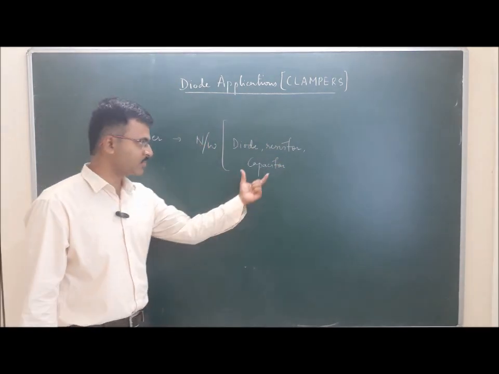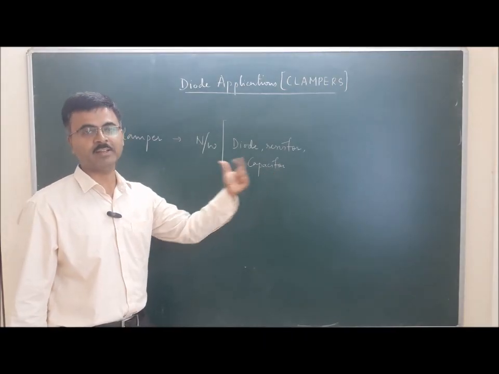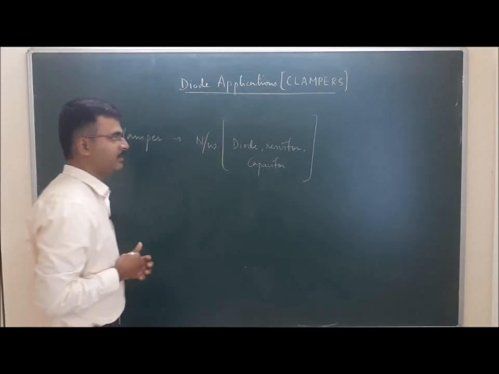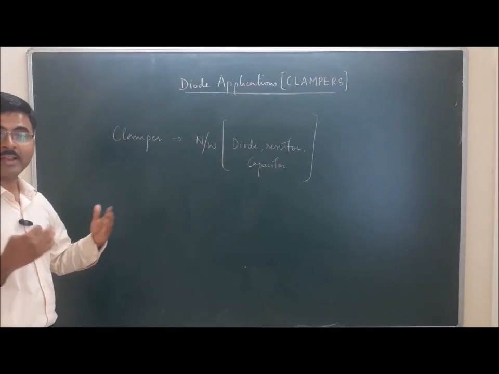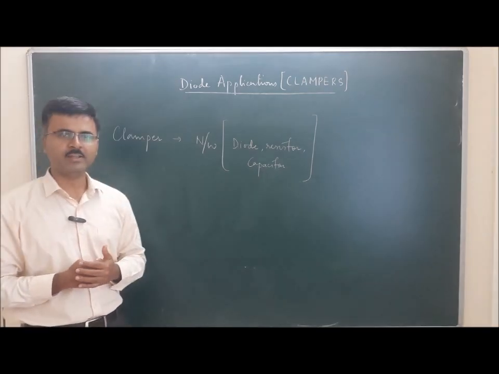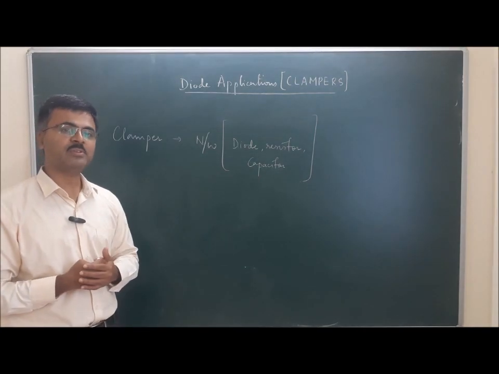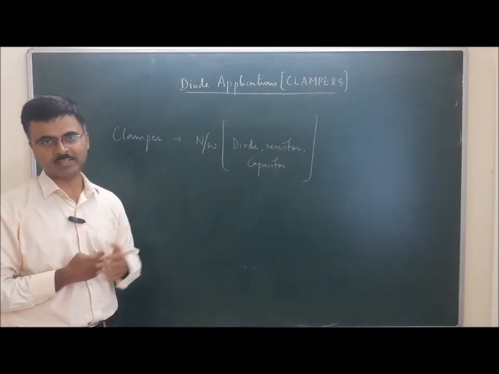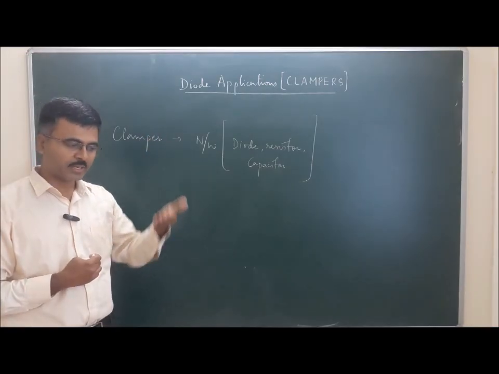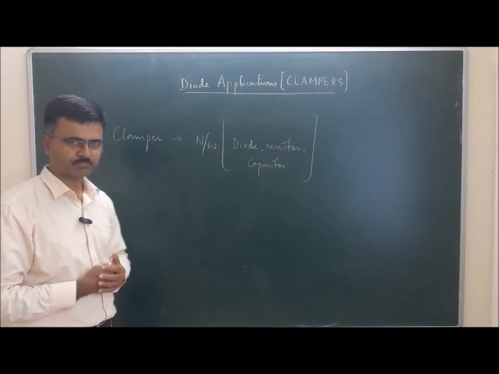This capacitor is a very important component in clampers. So basically what does a clamper do? A clamper shifts or clamps the applied signal either in a positive way or in a negative way, which we call a DC shift.